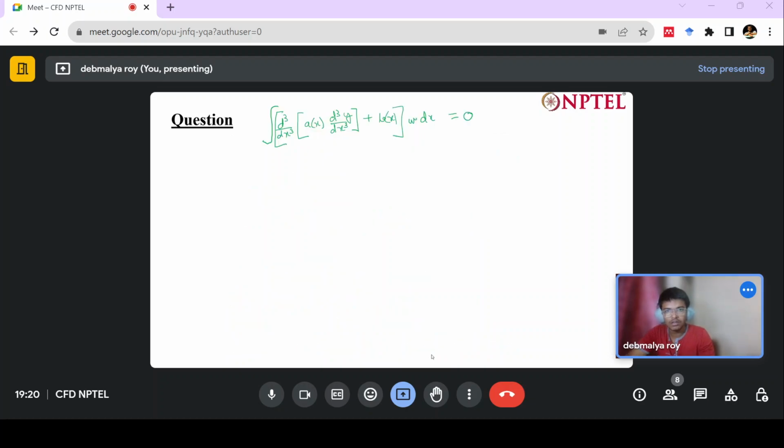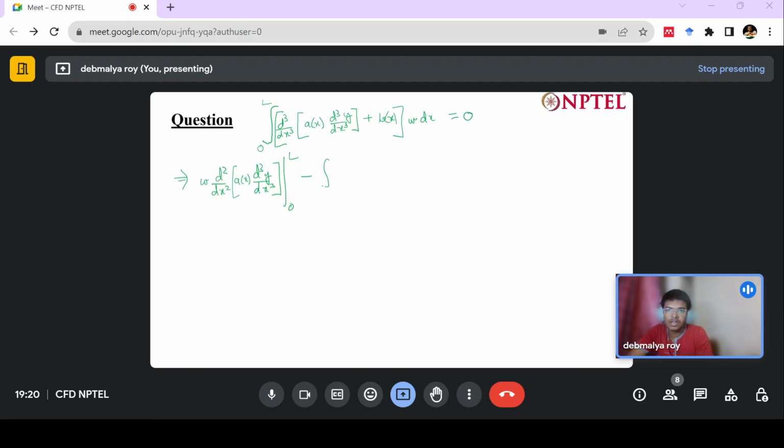Okay, so let's do by parts once. So this is 0 to L. The domain is from 0 to L. Let's do by parts once. If we do by parts, the boundary term will be there. This boundary term will be w times d2/dx2 of a times d3y/dx3, evaluated at x equal to 0 and x equal to L, right?